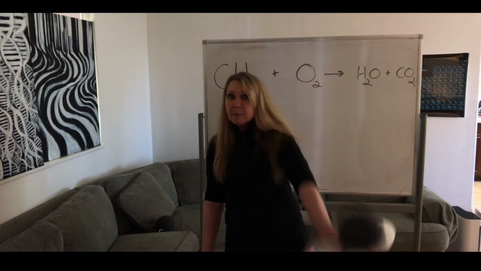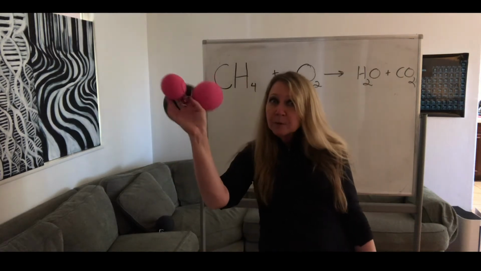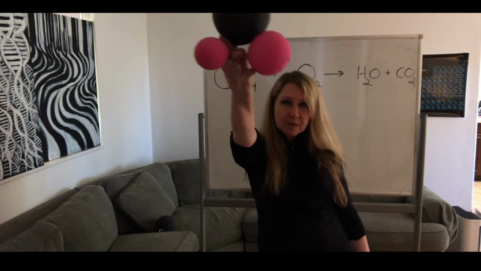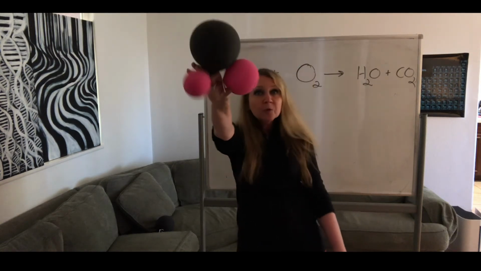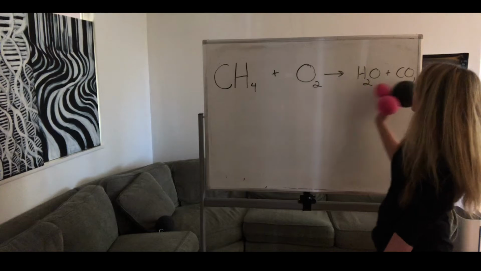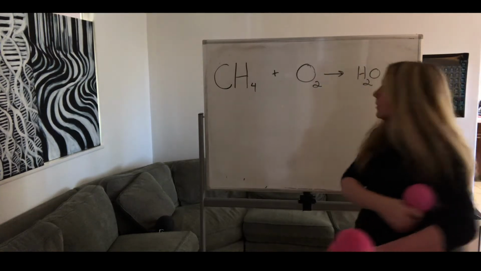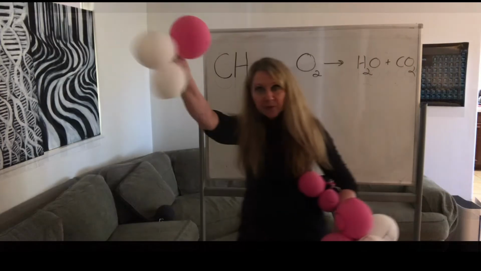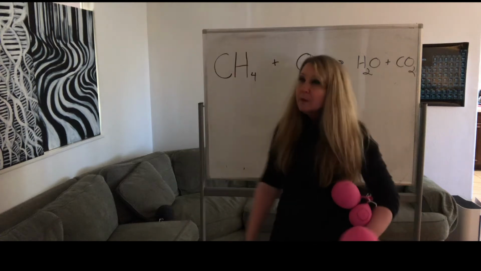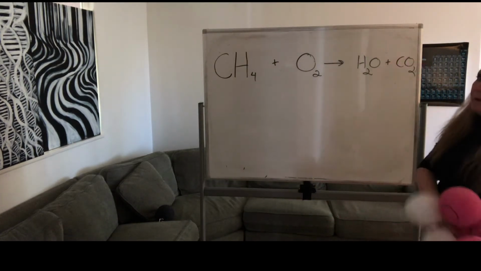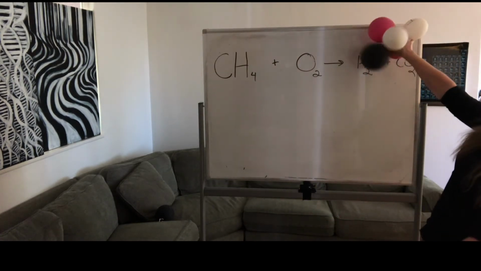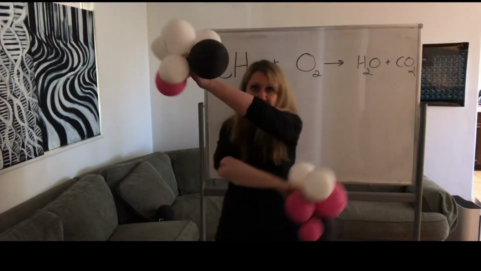The white balloons are going to be the hydrogen and the pink are going to be the oxygen. So this is CO2, right here. So that's this over here. And we also have H2O. So this is a molecule of water. So this is the water, and this is the carbon dioxide.